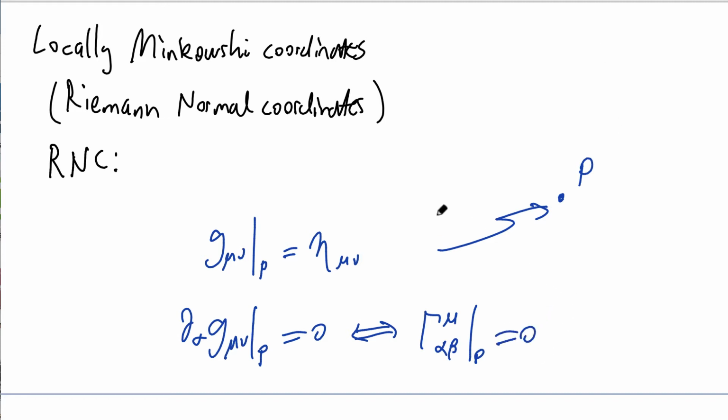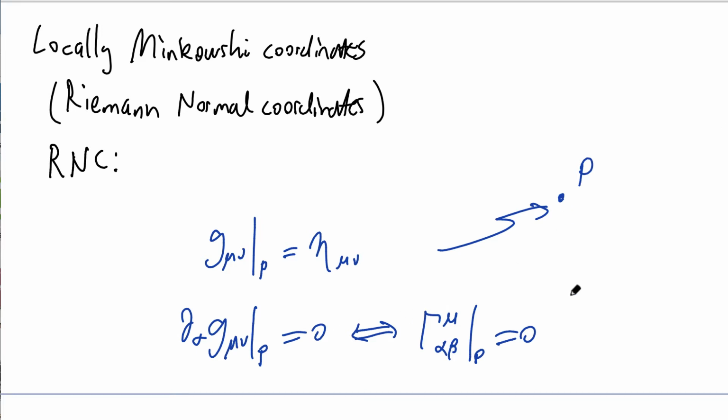So how do we know that these Riemann normal coordinates exist? How do we know that it's possible to find a coordinate system where the metric looks like eta mu nu, and the derivatives of the metric vanish at a point? Well, if you'll recall, in an earlier lecture I derived Fermi normal coordinates, which are coordinates that have these properties. G mu nu is eta mu nu, and the derivatives of G mu nu vanish, all along a geodesic.